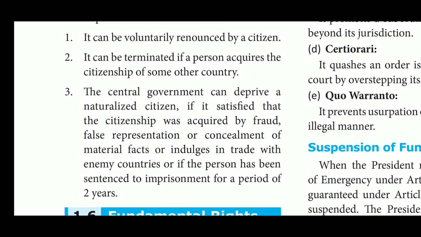Deprivation is a compulsory termination of citizenship of India obtained by registration or naturalization. The citizenship is deprived on the basis of an order of the Government of India in cases involving acquisition of Indian citizenship by fraud, false representation and concealment of material fact, or being disloyal to the Constitution, etc. See book page number 171.